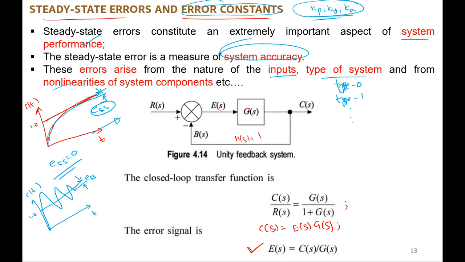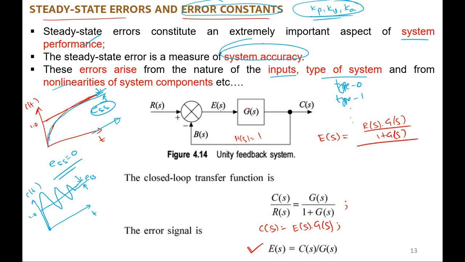Is it fine? Okay. Then we will substitute what is the C of s and G of s. Let me take E of s is equal to, what is C of s? From C of s by R of s, take this R of s this side. So C of s is R of s into G of s divided by 1 plus G of s.